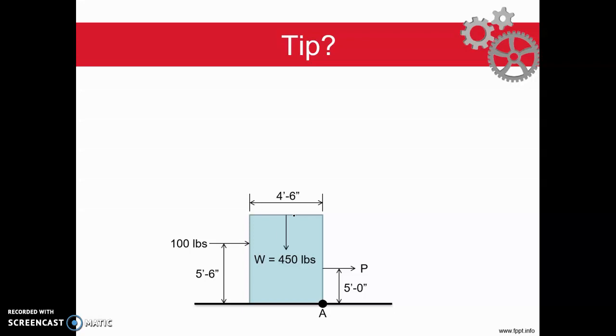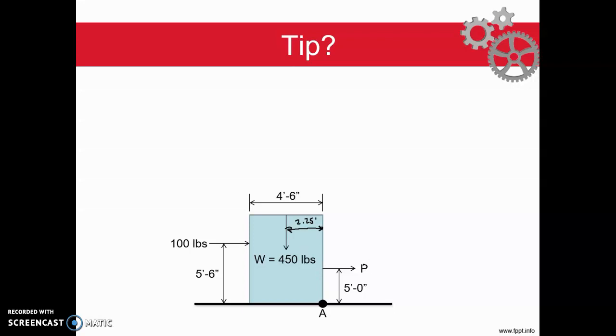The box has a width of 4.5 feet, so the moment arm distance to the center of gravity of this box is going to be half of its width, so it's going to be 2.25 feet. And then we have an additional pulling force with a 5-foot moment arm distance. So what would the force P be that would cause this to tip?